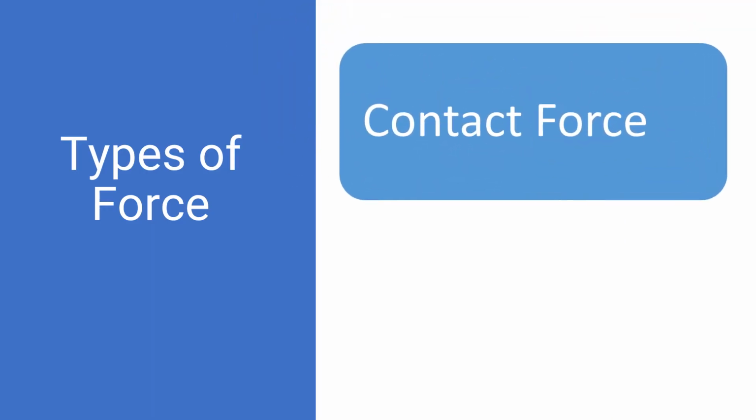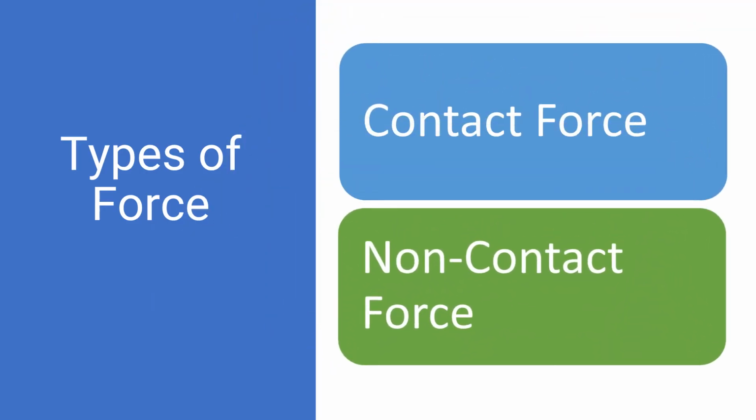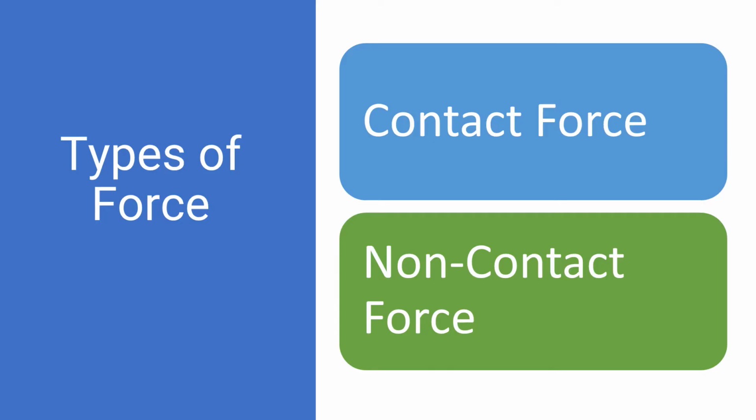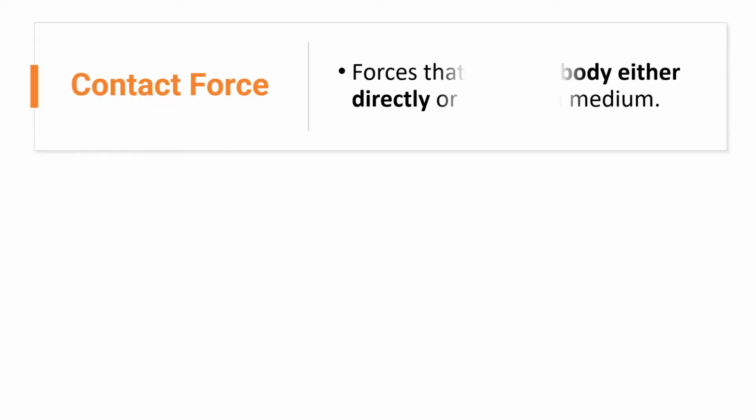We have two types of forces. These are contact force and non-contact force. So let us differentiate these two. Let's start with contact force. When we say contact force, these are forces that act on a body either directly or through a medium.